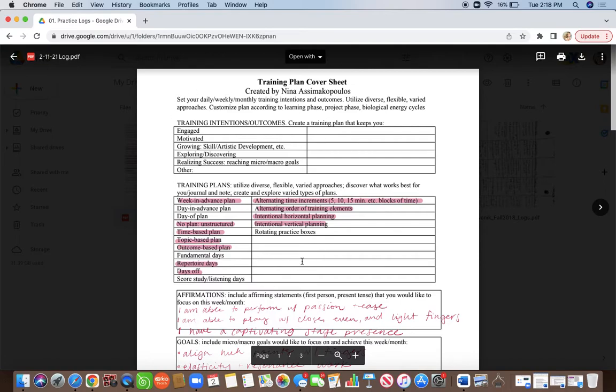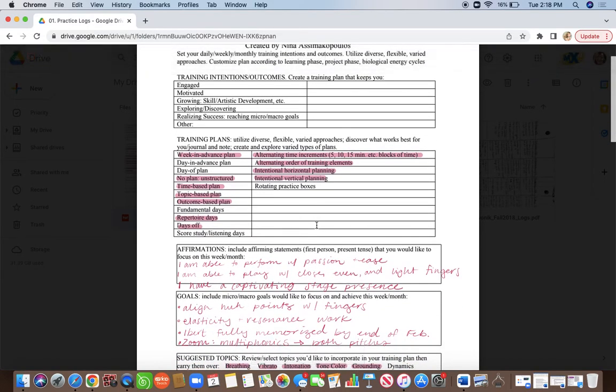So for this specific example, this is one of my old practice logs. I did a week in advance plan, but I also had days that were completely unstructured and I didn't have a plan. I worked with specific times, and I also had days where I worked with specific topics and an outcome-based plan. A time-based plan means from this time to this time, I'm going to do this.